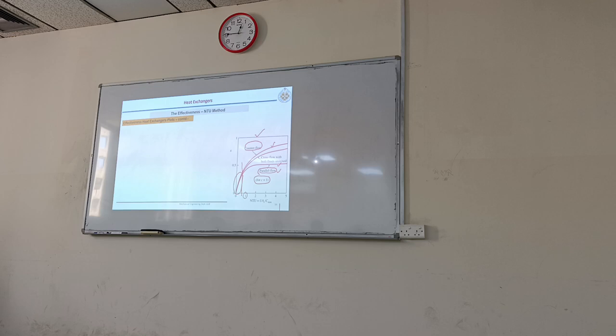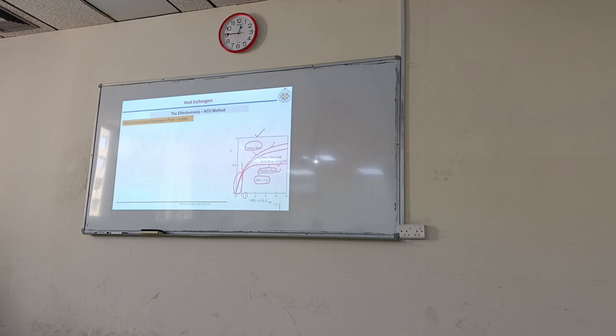C equal to 1 also means the same delta T for both fluids. The change in delta T for both fluids is the same. If one of the C is lower, it will give you a higher delta T.